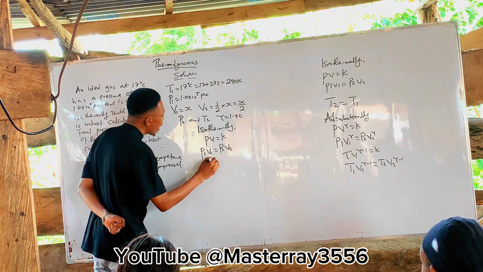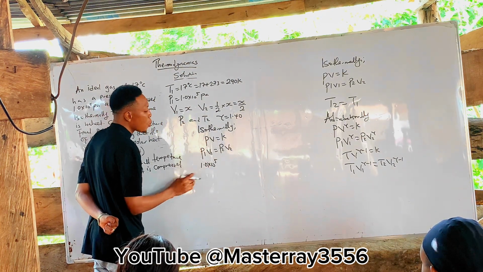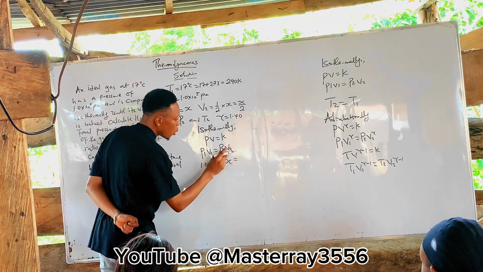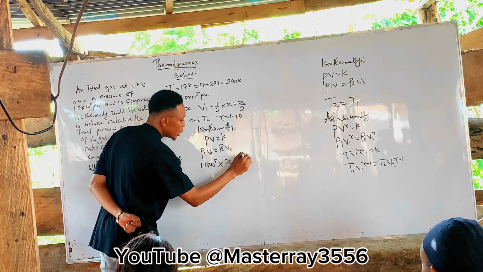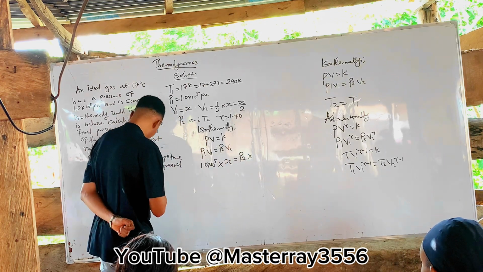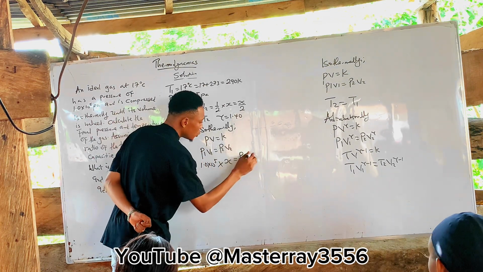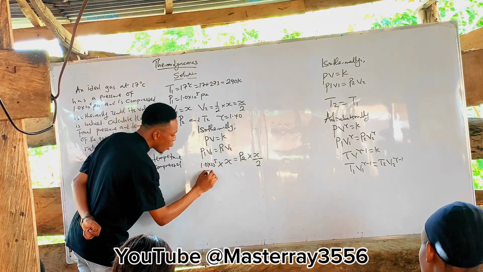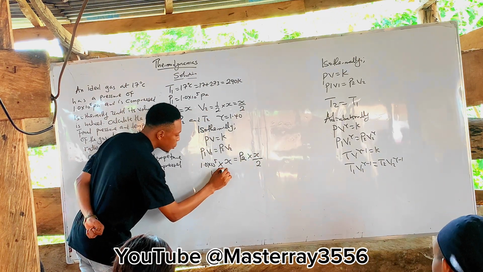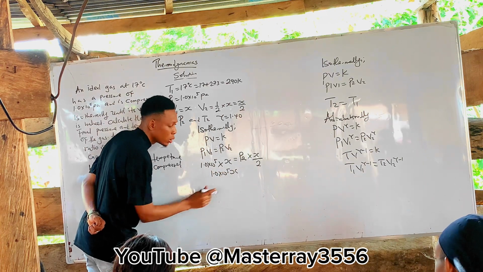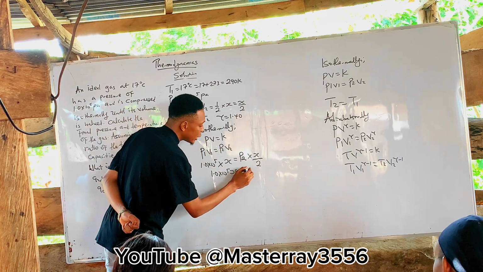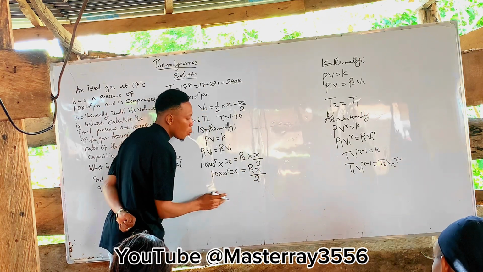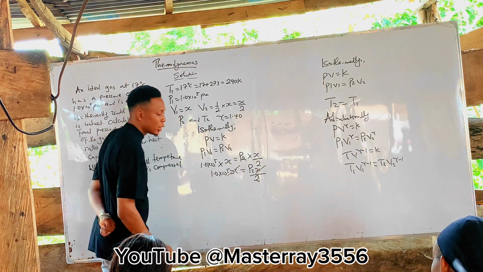P1 is 1.0 times 10 raised to power 5. What's our V1? V1 is X. Then equals P2, which is unknown, times V2. What's V2? X over 2. So we have 1.0 times 10 raised to power 5 times X, is it not, equals P2 times X over 2. What happened? X can cancel out, right?